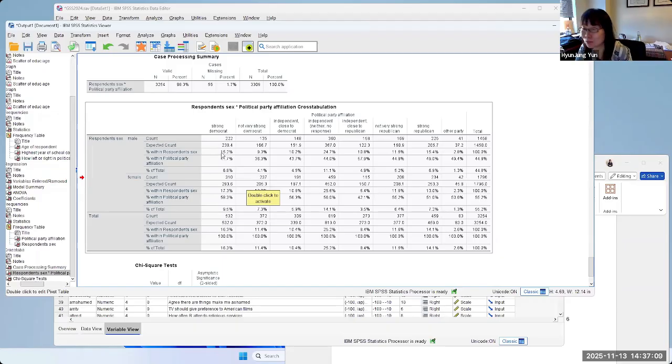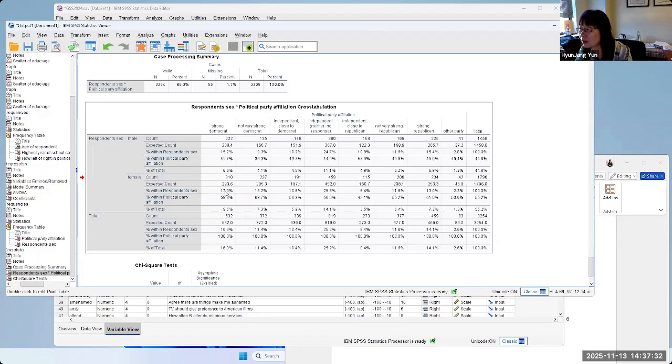So let's roughly add that. Democrat, strong or weak, but still Democrat. Let's combine the male percentages. It's going to be about 15 and 9, which is 24.5, right? So about 24 to 25 percent of males are likely to be Democrat.